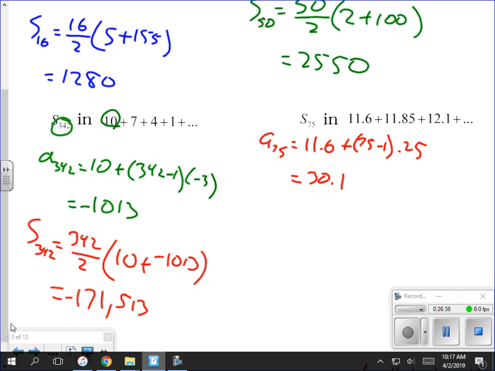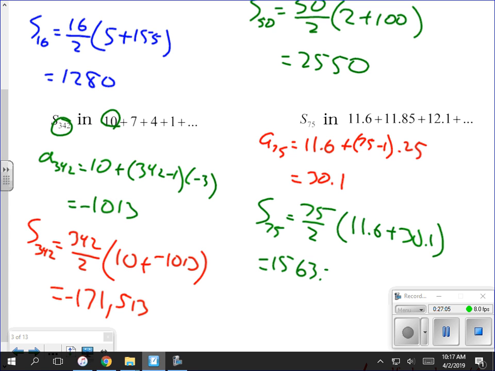So my total for 75 terms is 75 divided by 2 times the first number, 11.6, plus the last number, 30.1. And I get 1,563.75. Question?